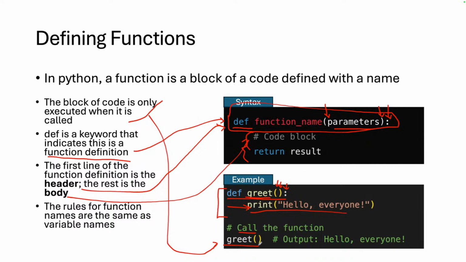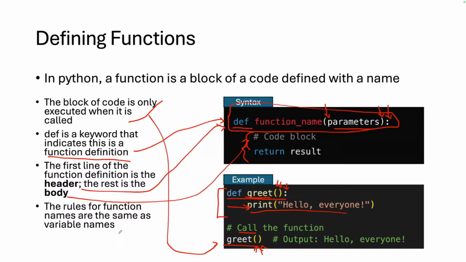We would say the name of the function, open parentheses, close parentheses, because it doesn't take any parameters. And so that's the function. And again, there's some rules for function names. They're similar to the rules for variable names, and you guys can look those up pretty easily.